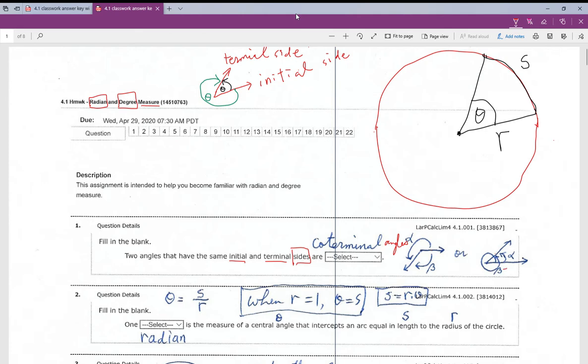Basically, this beta looks like 180 degrees plus alpha. No, not 180, sorry. One circle, how many degrees? 360 degrees. So beta basically goes 360, one circle, and then keeps going alpha degrees.